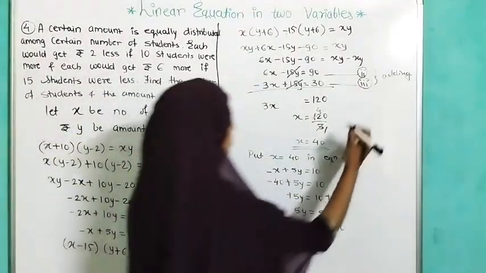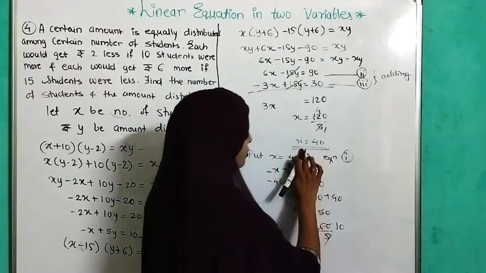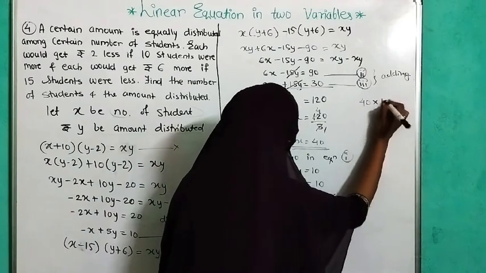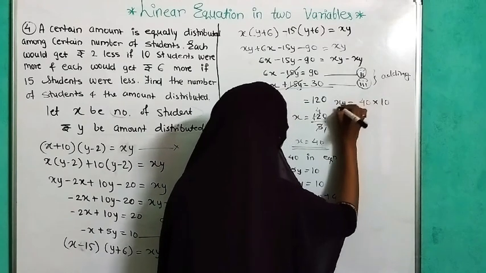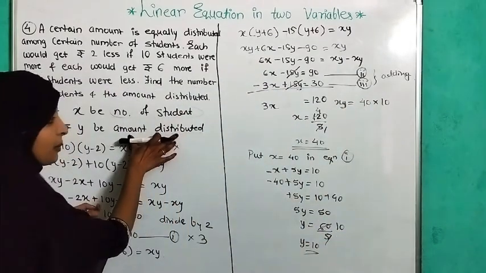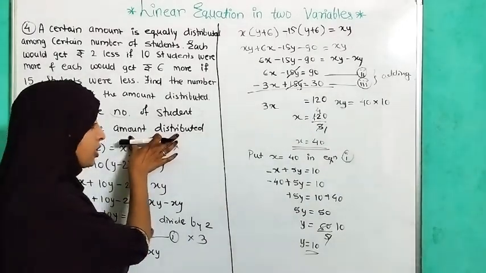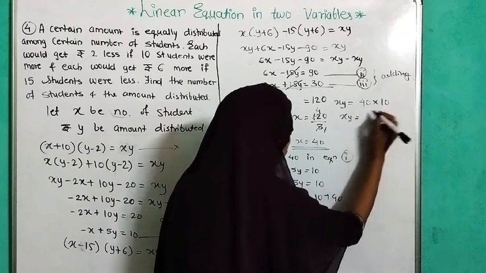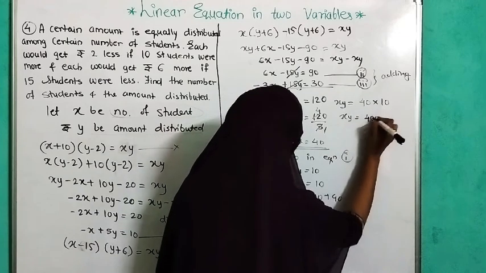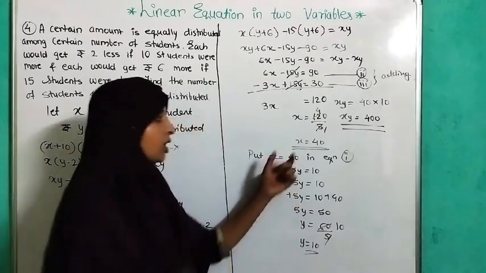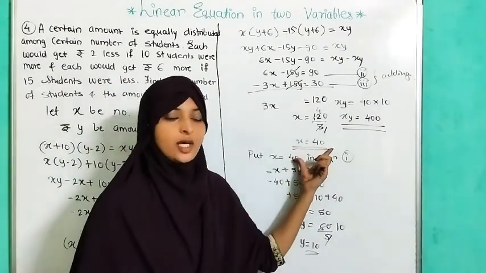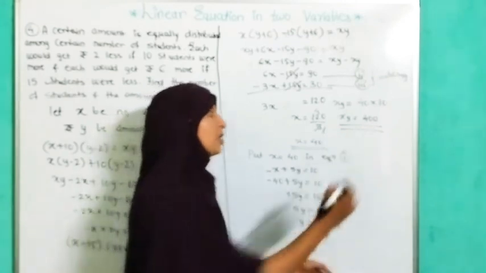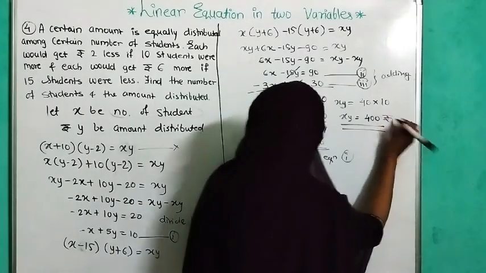We know the number of students is 40, and 40 into 10 gives xy, the total amount distributed to all students. So xy is equal to 40 into 10, which is 400. The total number of students is 40 and the total amount distributed to them is 400 rupees.